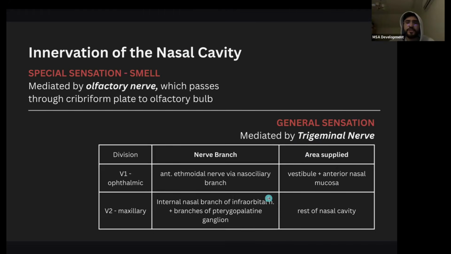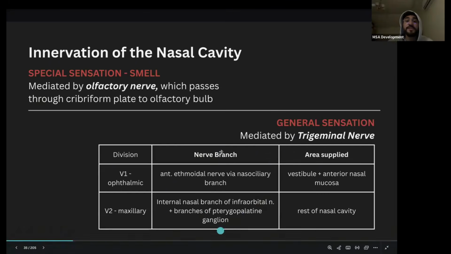So we have two different areas. The first area is going to be your vestibule and the anterior nasal mucosa. That's going to be by the ophthalmic. And then the second one, which is basically the rest of your nasal cavity, is going to be through the maxillary division of the trigeminal nerve.